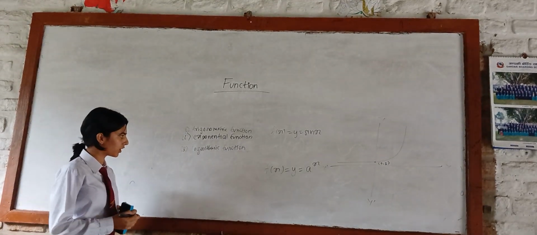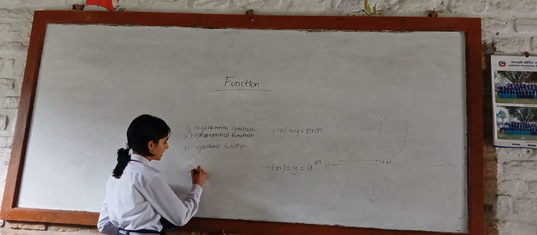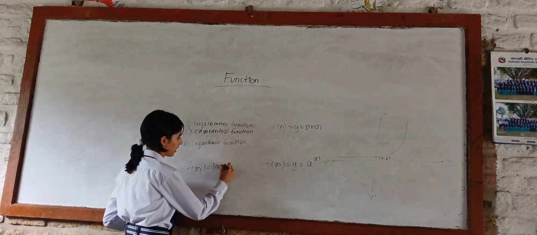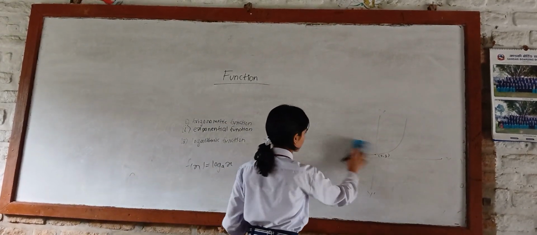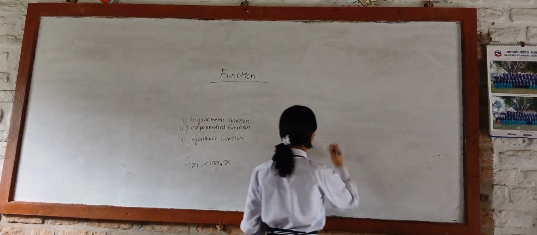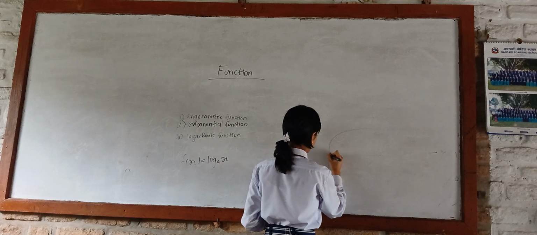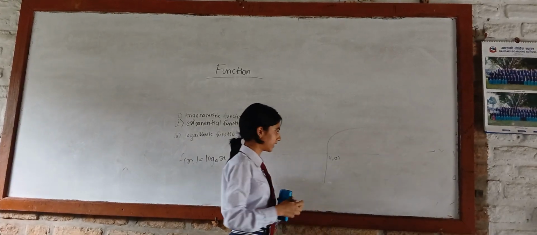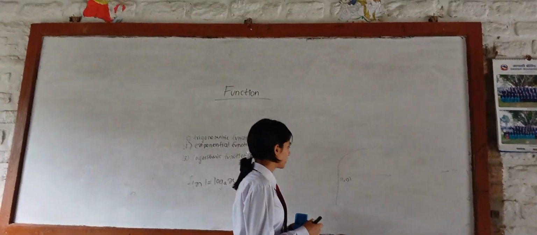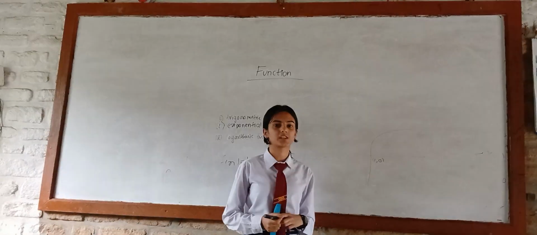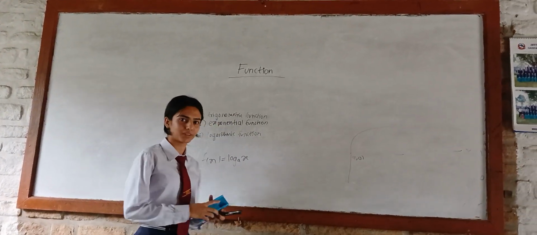Now, for the logarithmic function, it is the inverse of the exponential function, and it can be written as log_a x. Now, from this graph, we can see that the domain of the logarithmic function is always positive real numbers, whereas the range includes all the real numbers.